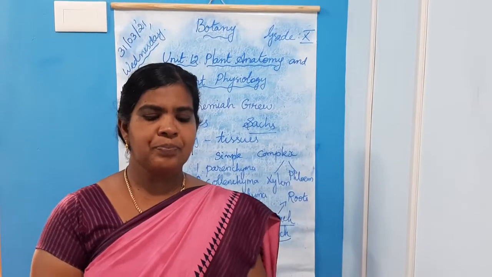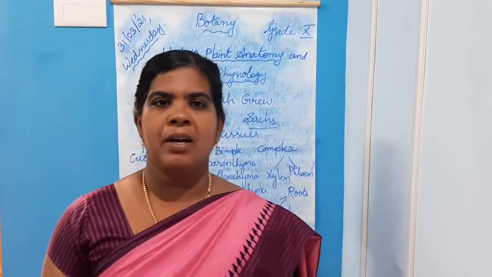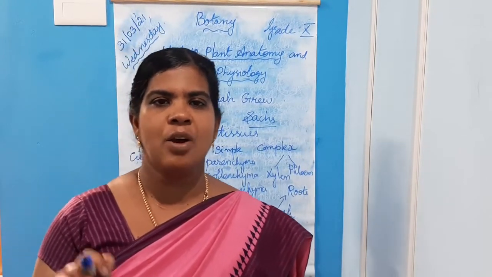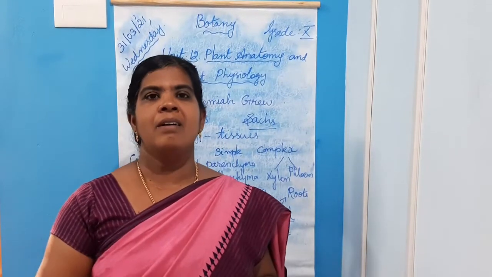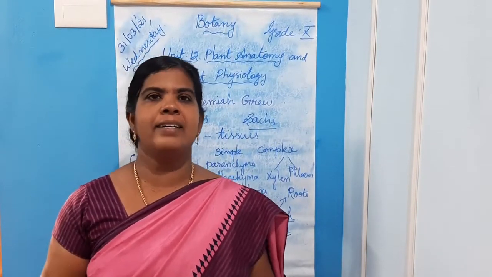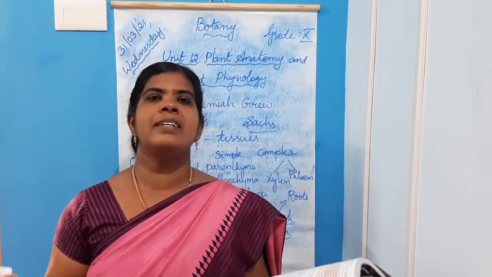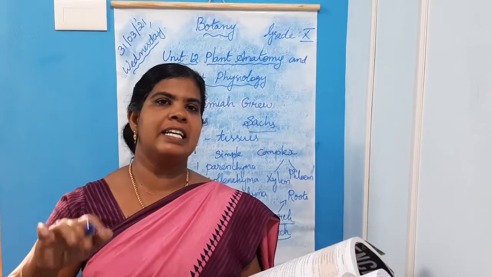Next, which is the outermost layer of the root? Epiblema, rhizodermis or piliferous layer. You know the internal structure of the root. What are the structures present internally?